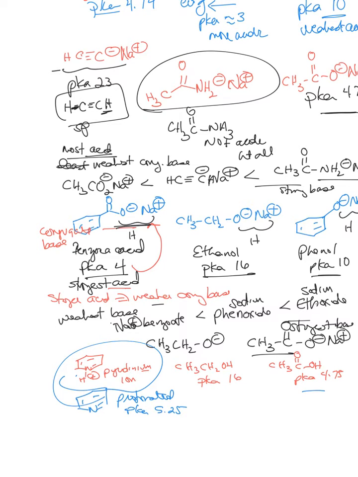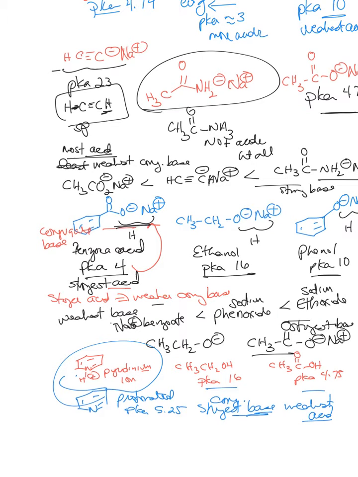So your strongest base would be from your weakest acid. These are conjugate bases, so the strongest conjugate base comes from your weakest acid.